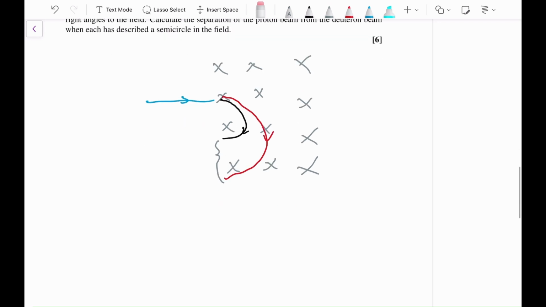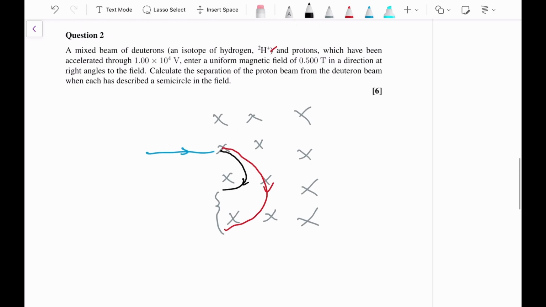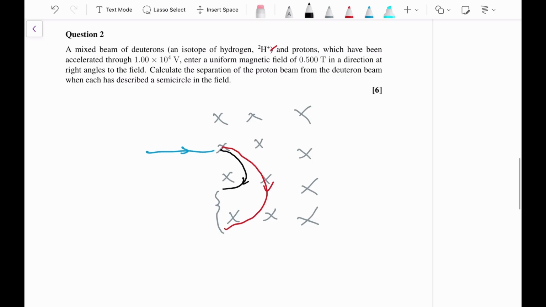Okay, so now let's see. The equation we are going to utilize is... it didn't mention any speed. So what we want is the radius.